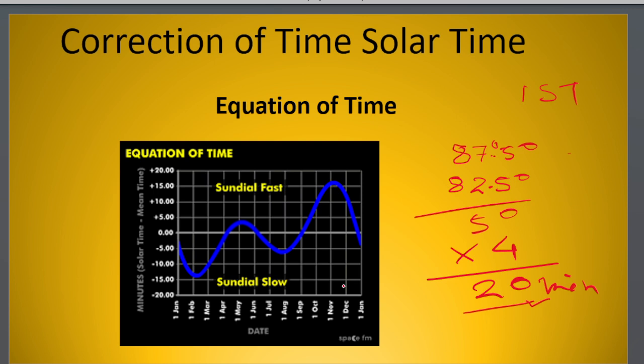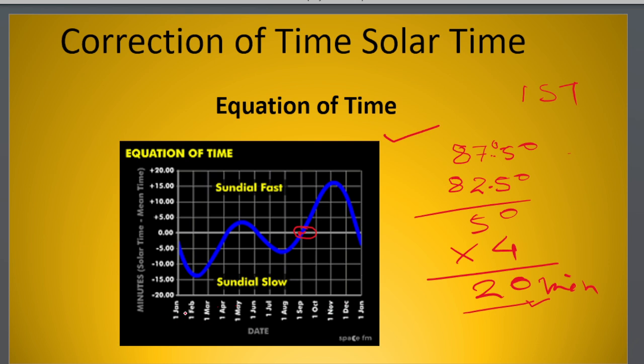Now we need another correction, which is called the equation of time, due to the eccentricity and the tilted plane of the Earth's rotation about the sun. As you see, in different months of the year the solar time is fast or slow. As I am discussing September, in September most of the time there is no lag, so you don't need any correction for the equation of time.